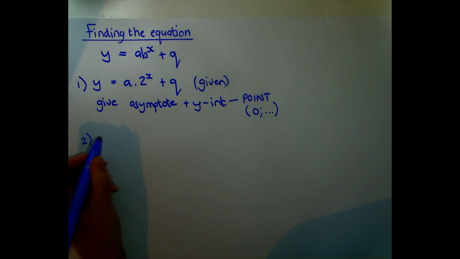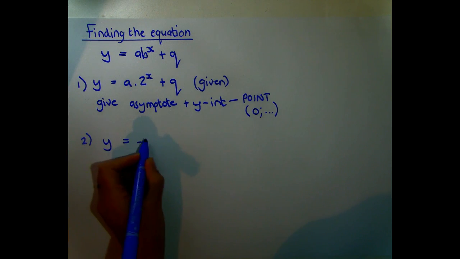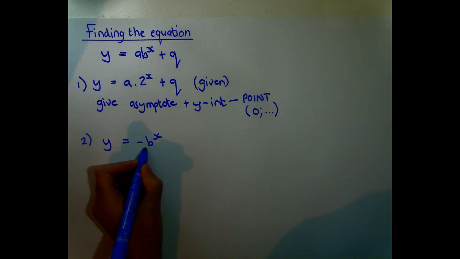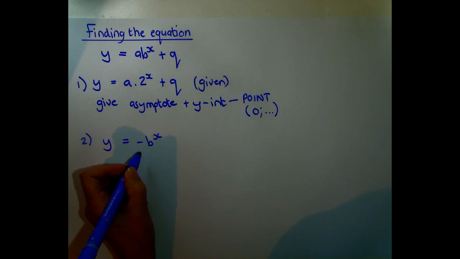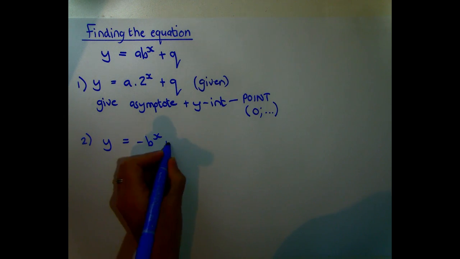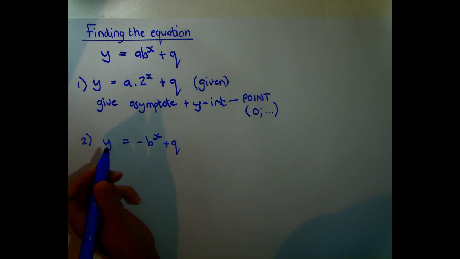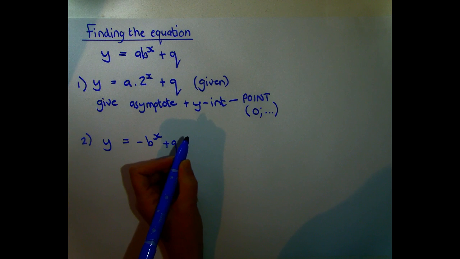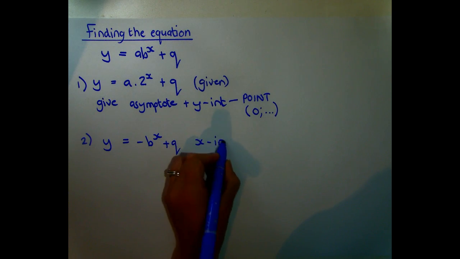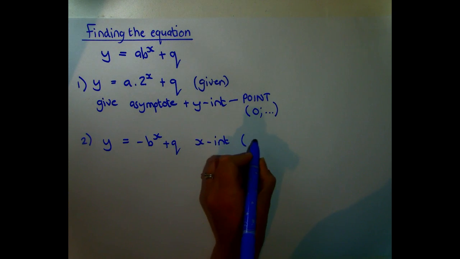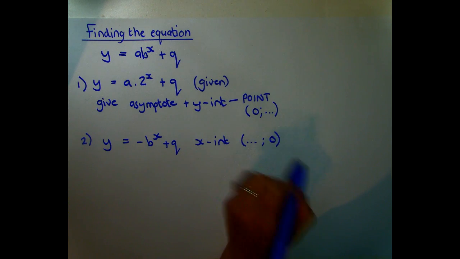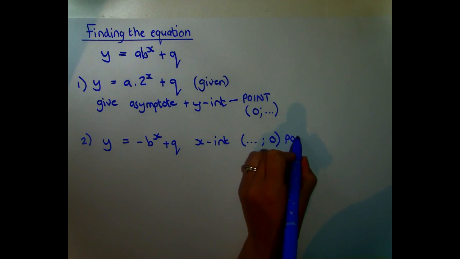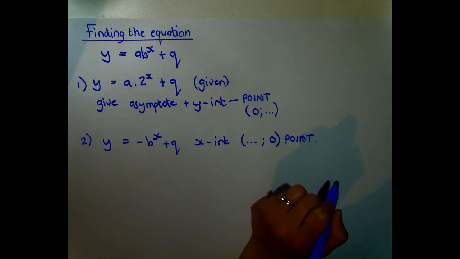Another option is where they give you, again, a partial formula. They tell you that a is -1, so we know that it's being reflected in the x-axis. And they may give you a sketch showing an x-intercept, which means you've got a point, and you know that y is 0, because they're actually giving you a point when they give you the x-intercept.